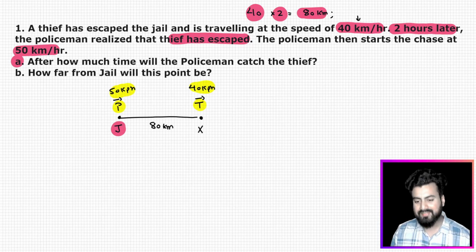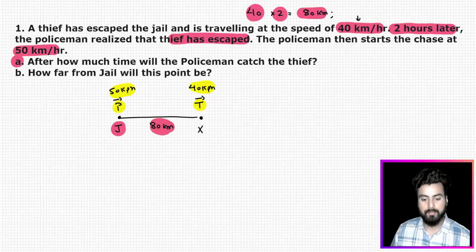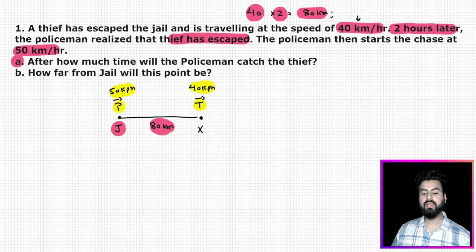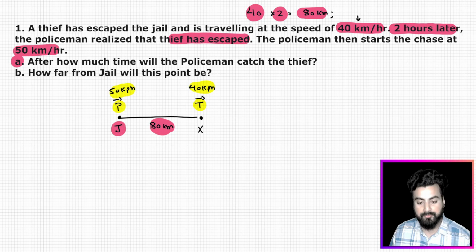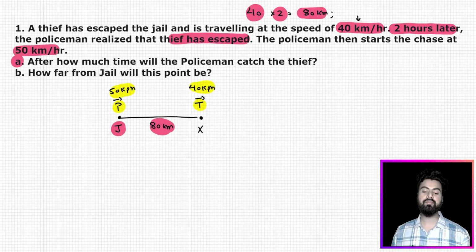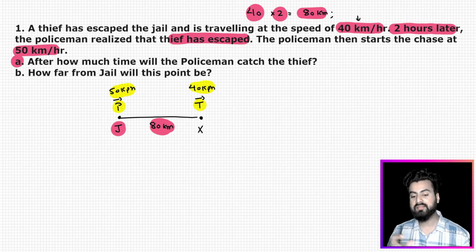one commonsensical thing which you should realize: if you look at the distance between these two persons, the policeman and the thief, it is 80 kilometers. You can also understand the same thing as the thief having an 80 kilometers lead right now. If the policeman somehow compensates this 80 kilometers distance that the thief is ahead, that is, if this distance becomes 0 kilometers, then I would say okay, the policeman has caught the thief. Why? Because then policeman and thief would be at the same position, at the same point.